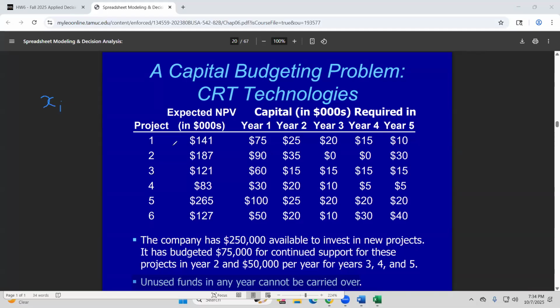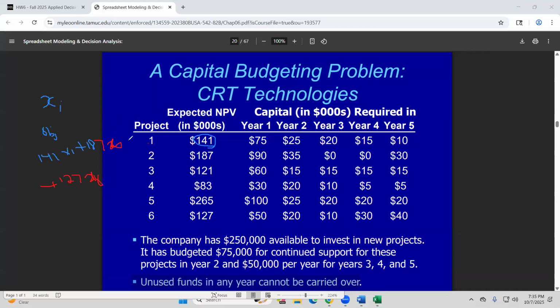Then the objective function is just a clear one, right? So maximize 141 times x1 plus 187 x2 and so on. Makes sense? So the objective function is going to be 141 x1 plus 187 x2 all the way to the last one, which is 127 x6, right?